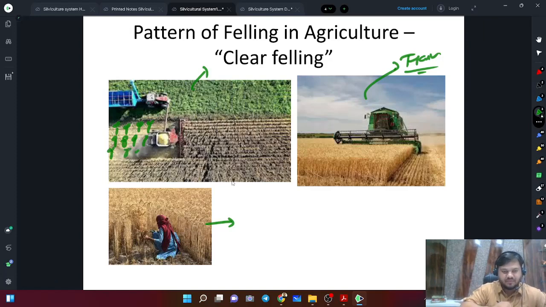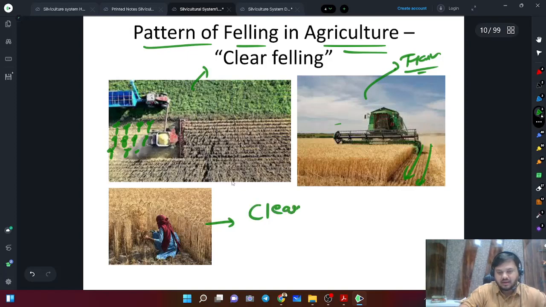They started from one end and felled everything, and in some time everything will be felled. This pattern of felling in agriculture is clear felling. Clear felling means you are felling everything, you are cutting everything. This is what happens in agriculture.